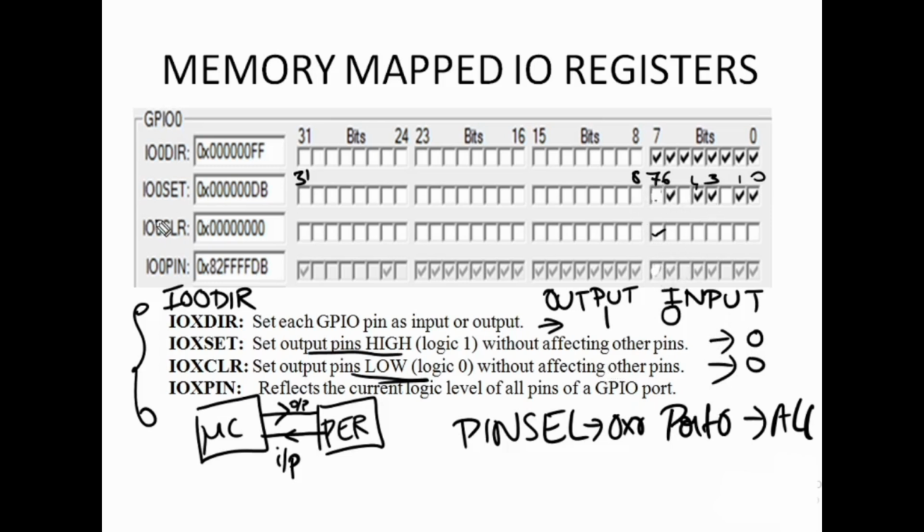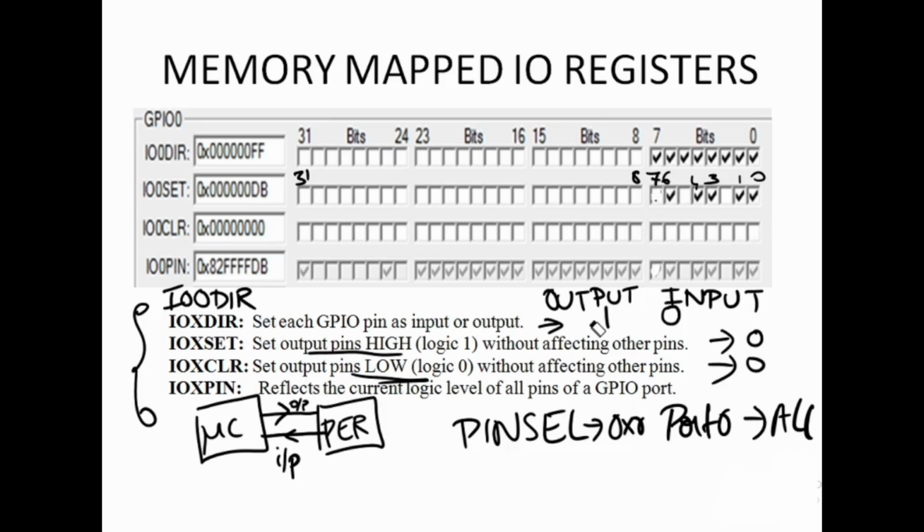That is, whichever position of IO0SET I have set, that particular bit position output will get cleared. Okay, if you check in the Keil simulator, this will always have a value 0. That is because as soon as you write a value 1, it instantly clears the set bit, clears the output, and retains the value of all zeros.